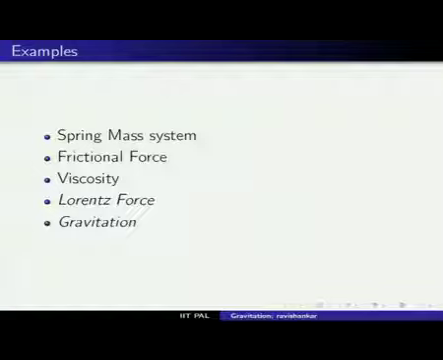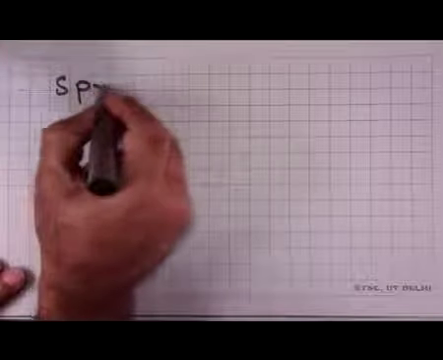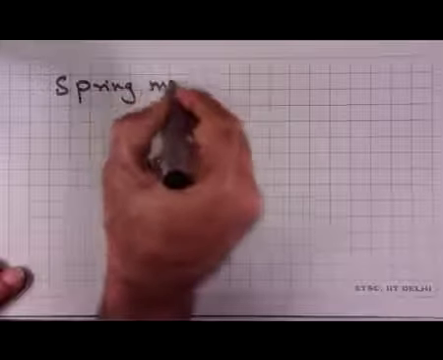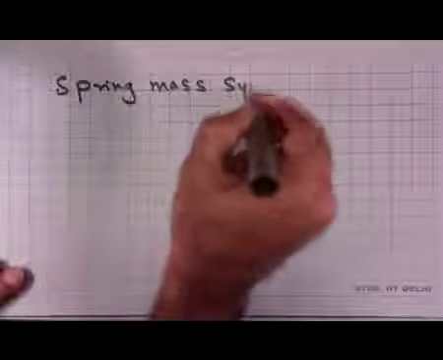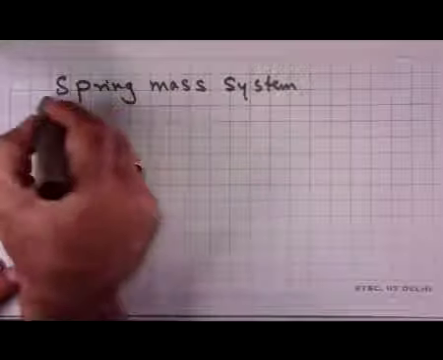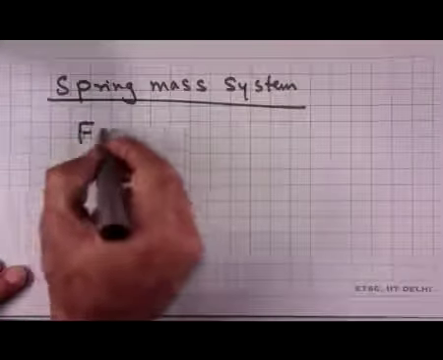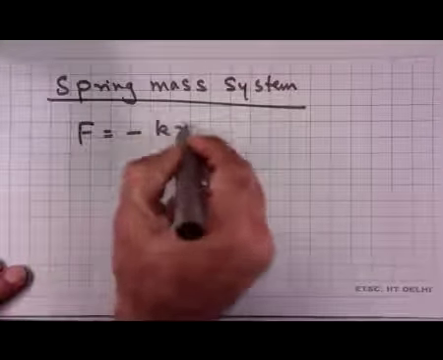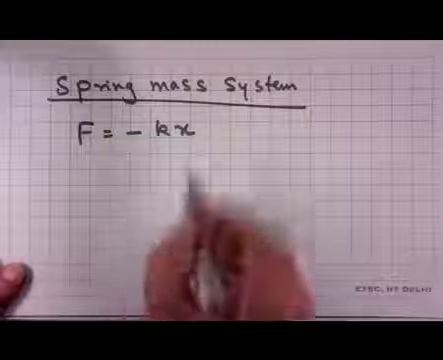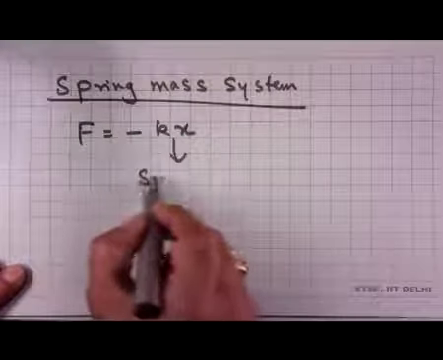Or for example, if I go back, when I look at the spring mass system for small displacements, so let me write them down here and that will make the concept very, very clear. So let me look at spring mass system. So if I write a force, I will write minus kx, but this is valid only for small displacements.